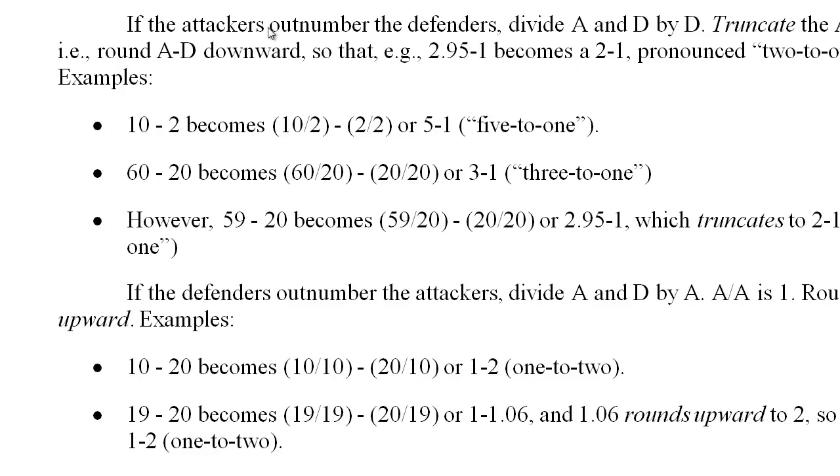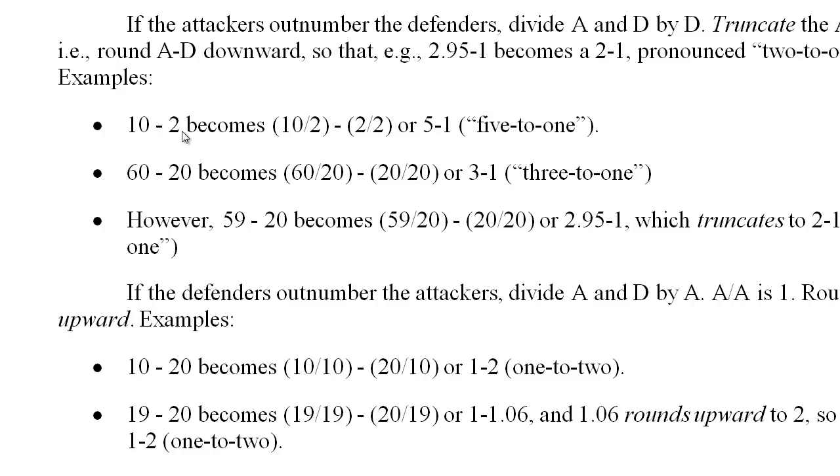Case 1, there are more attacking combat factors than defending combat factors. In that case, you divide the number of attacking combat factors, A, and the number of defending combat factors, D, by D. D over D is 1, A over D is some number, and you truncate the number. You round it downward, so that, for example, a 2.95 to 1 becomes a 2 to 1.